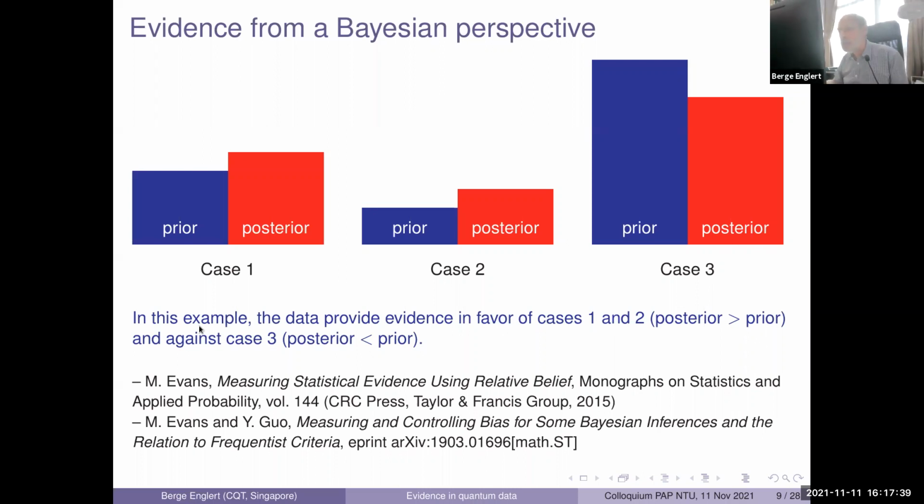So let me just accept this as what we call data gives evidence in favor and data gives evidence against. Then from this simple concept of evidence, you can actually construct a whole theory of statistics. And if you want to see how that is done, look at Mike Evans's book of 2015.